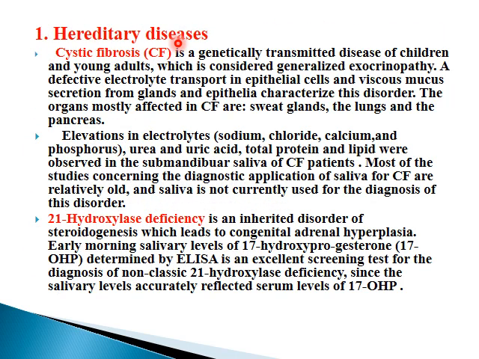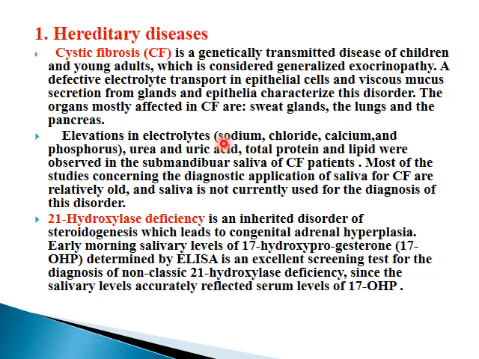First, hereditary disease, like cystic fibrosis, is a genetically transmitted disease of children and young adults, which is considered a generalized exocrinopathy. A defective electrolyte transport in epithelial cells and viscous mucus secretion from glands and epithelia characterize this disorder. The organs mostly affected in cystic fibrosis are sweat glands, lung, and pancreas.